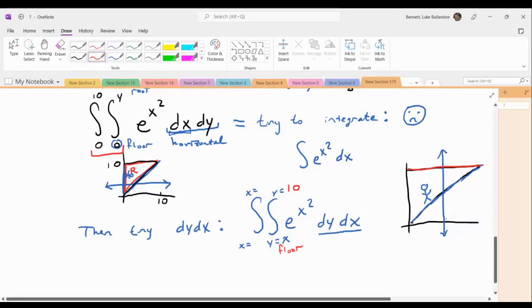Okay, and the resulting single variable integral will be evaluated from, how far does he walk? What's his path in x?